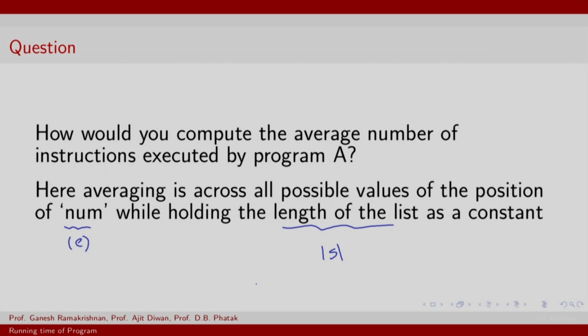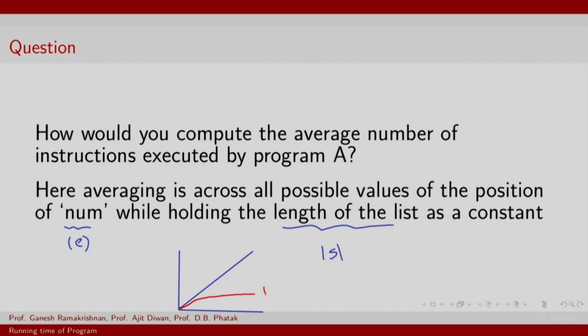So you hold the length constant, average across all values of num, change the length and average across all values of num and so on, and basically we expect to see the empirical results but anticipate them analytically, and we would expect the linear curve to go up like this as we had seen already, and the logarithmic curve to move very slowly.